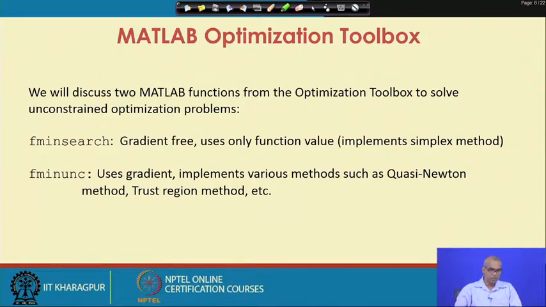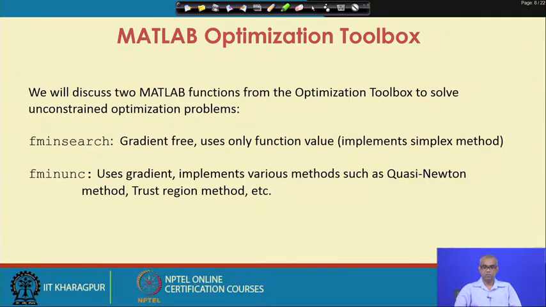In particular, we will discuss fminsearch and fminunc. fminsearch is a gradient free method, whereas fminunc, fminunconstrained, uses gradient. fminsearch, being a gradient free method, uses only the function value of the objective function.